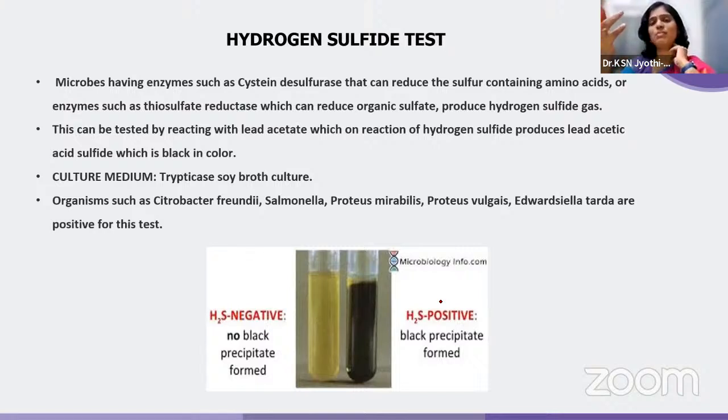But when it comes to biochemical tests, the questions can be more critical. They can give you matching type questions. They will give you a list of organisms and ask which are positive and which are negative. So first you should be able to differentiate the microorganisms based upon their grouping, structure, and characterization, and then you will be able to answer the question.